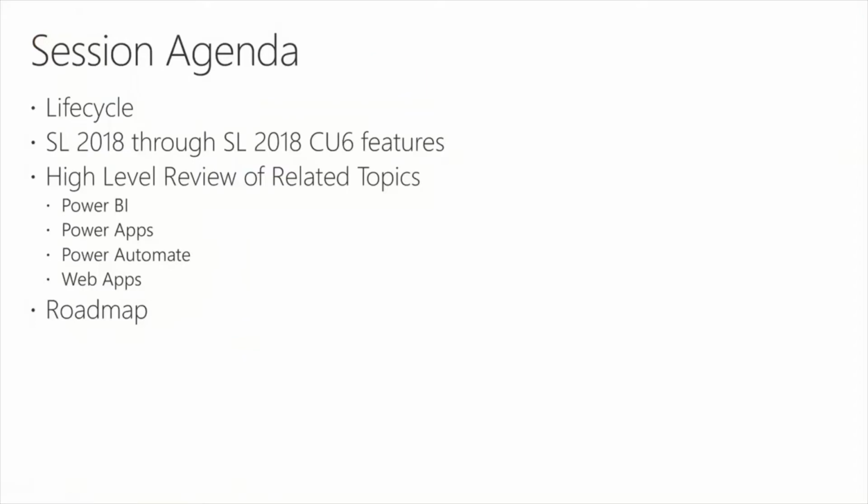What we're going to go through today is we'll briefly talk about the life cycle, which hopefully you're familiar with. Then we're going to go through SL 2018 through 2018 CU6, and we're going to do some key features. This presentation is getting longer and longer. Back in 2018, it was real quick.